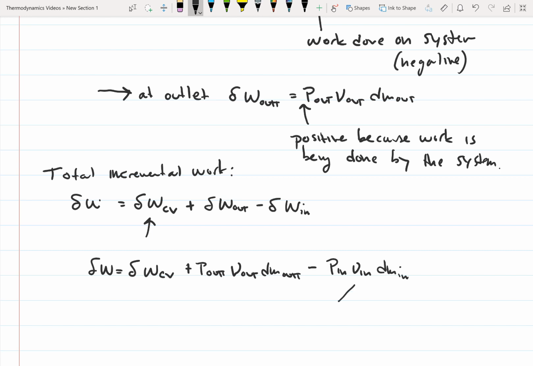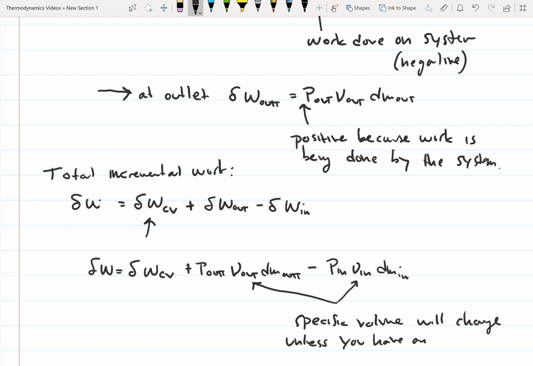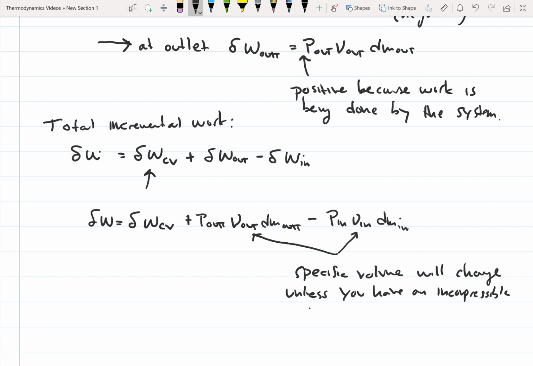And one thing I want to point out is the specific volume is going to change unless you have an incompressible fluid. So we can't assume that the specific volume isn't going to change.